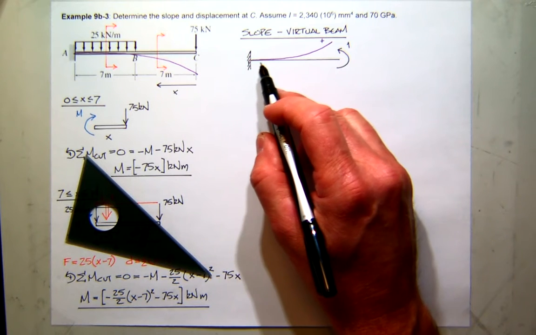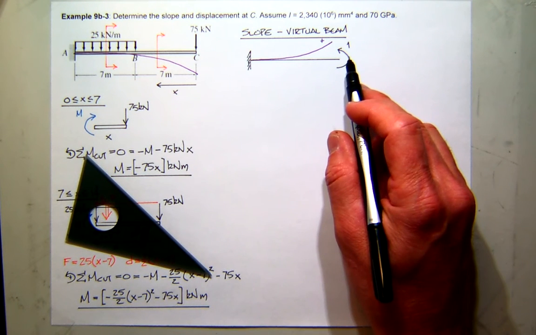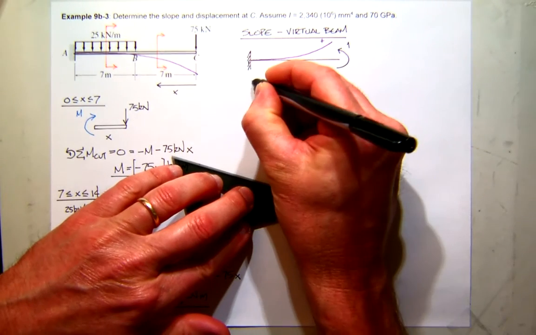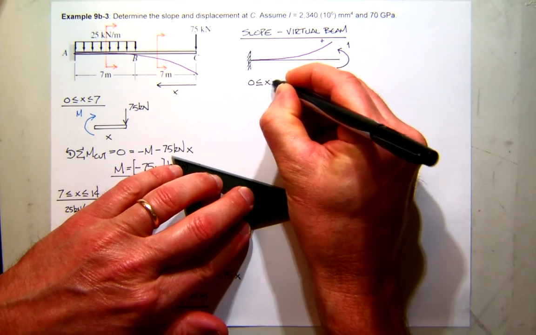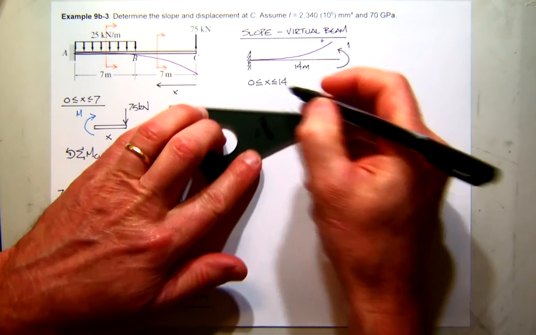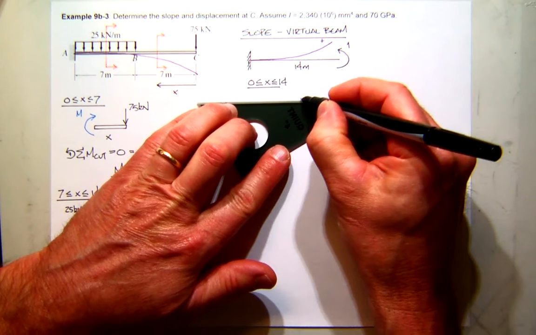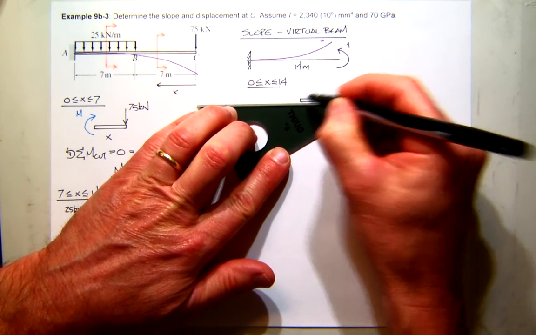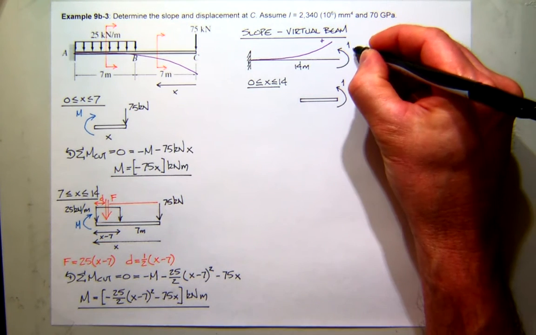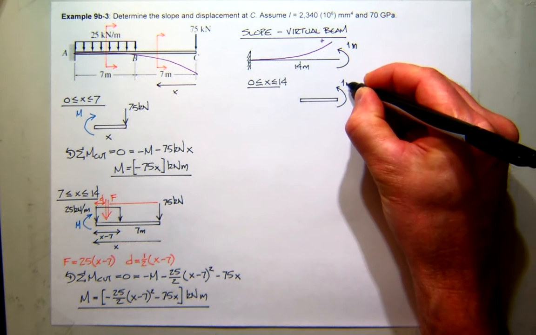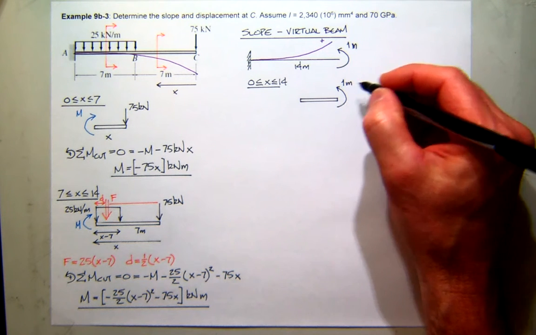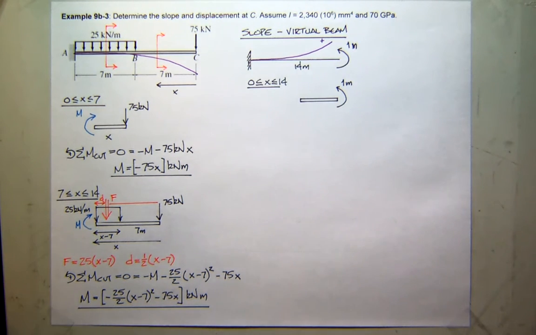Now how many virtual moment equations do I have to write for this structure? Just one. This equation will be good for the entire 14 meters. This thing is 14 meters long. So if I make that cut, remember I have my moment. Also, the way we're doing this, this has a very strange unit of meters. The force is dimensionless, but it still has force times a distance, so it has a strange unit.